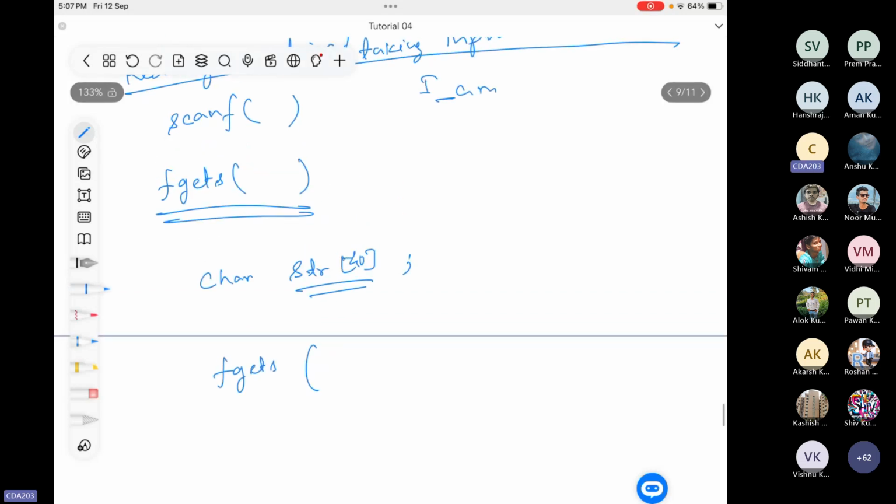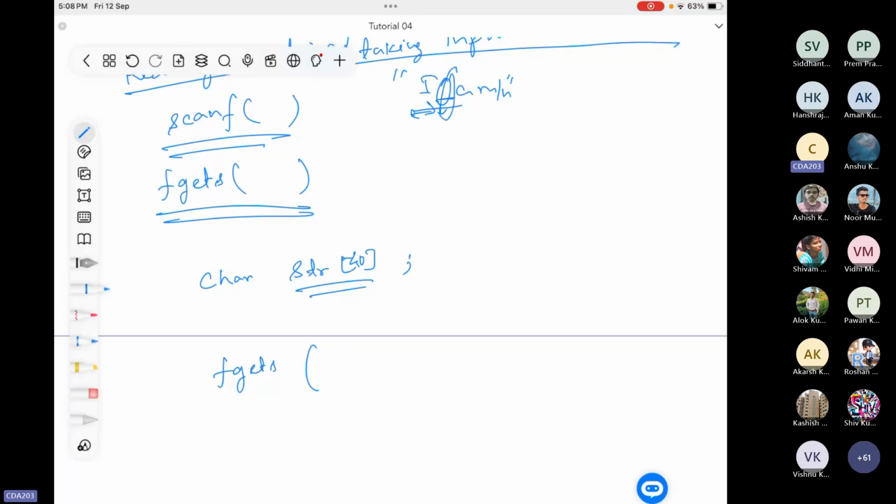I'm writing fgets actually. The difference between fgets and scanf is that scanf, if you give an input like "I am", where there is a space or a \n, will read only up to that and then stop.